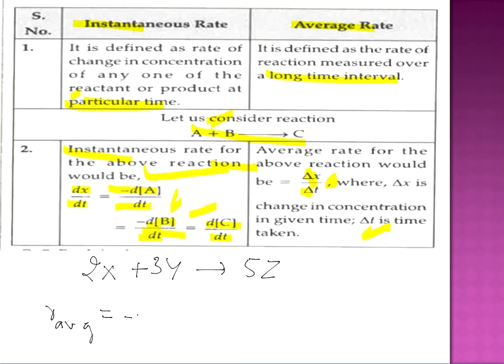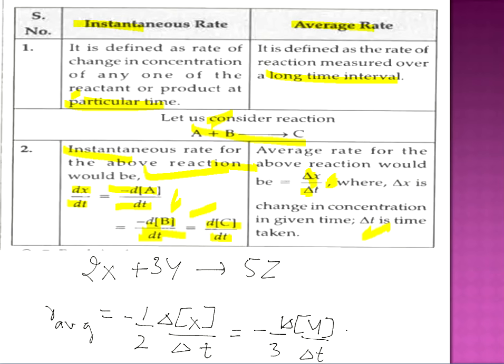First the stoichiometric coefficient: minus 1 upon 2 delta X upon delta t is equal to minus 1 upon 3 delta Y upon delta t, change in time.